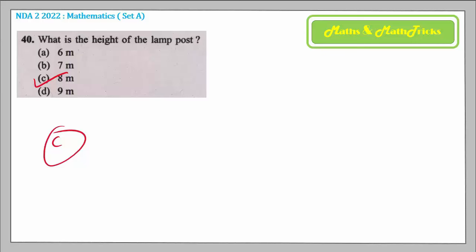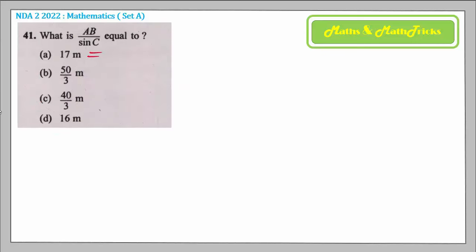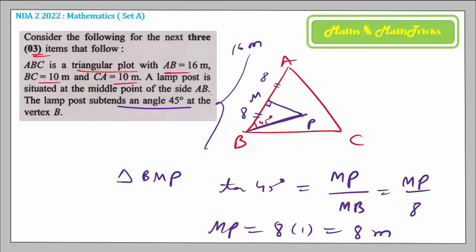Now what they say in the next question, what is the value of AB upon sin C? Now sin C, angle C is unknown, so you can't evaluate sin C directly. How then? See, understand, this is an isosceles triangle. Did you see that? It's an isosceles triangle. There are two sides which are equal. BC is equal to AC.